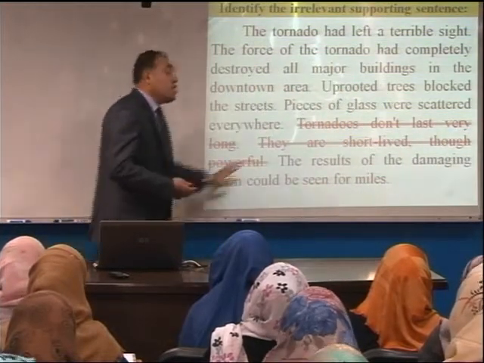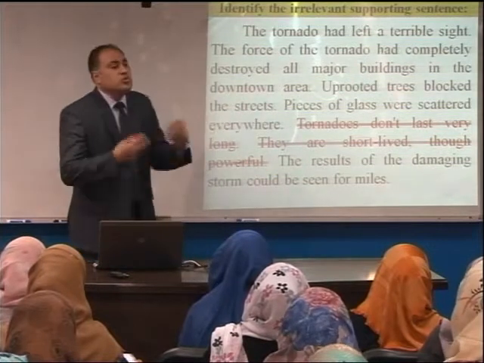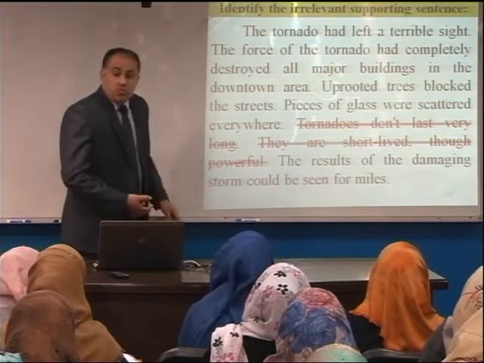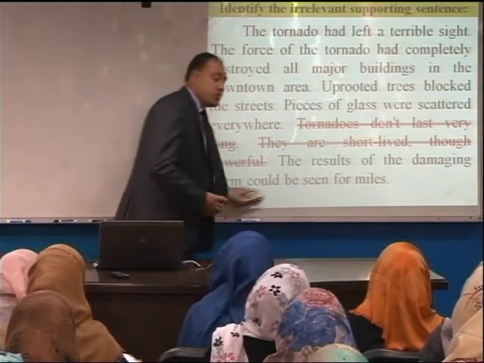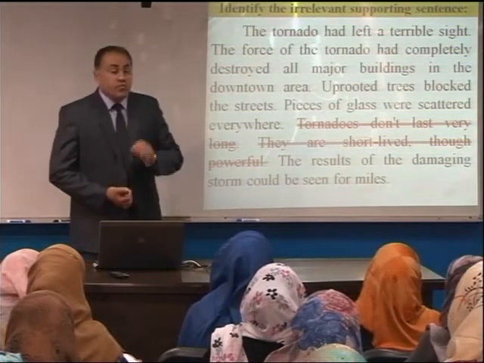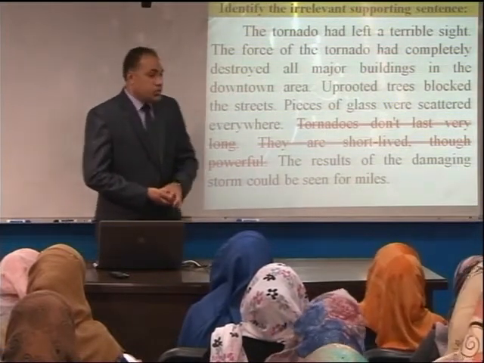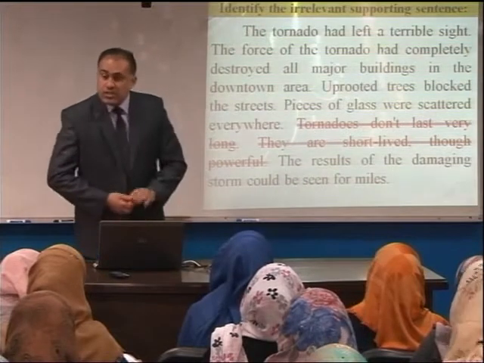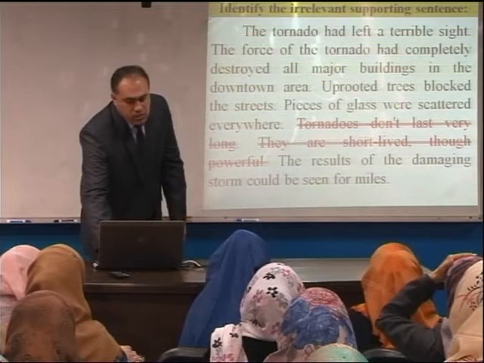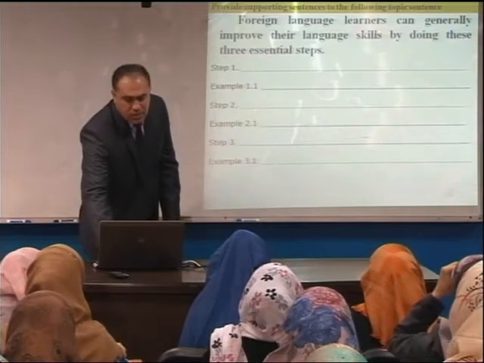They are more facts about tornadoes, that they are powerful though short-lived, and they don't last very long. So it is always important that you write sentences that are very much related to your topic sentence. Is this clear? Yes. It's not really a difficult concept to understand, but it's always good to keep this in mind.